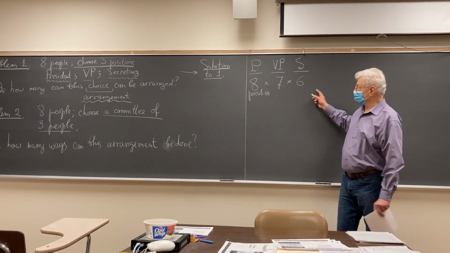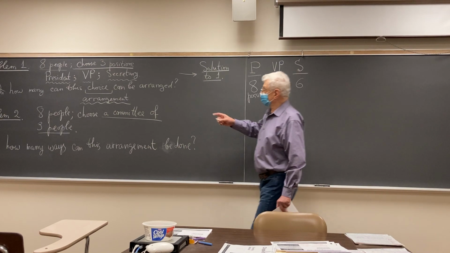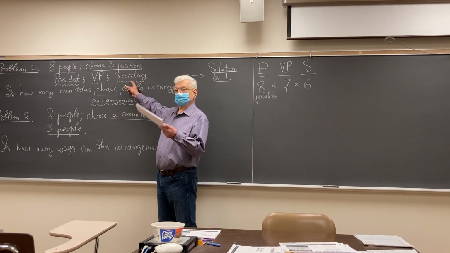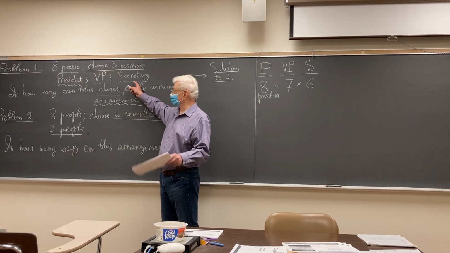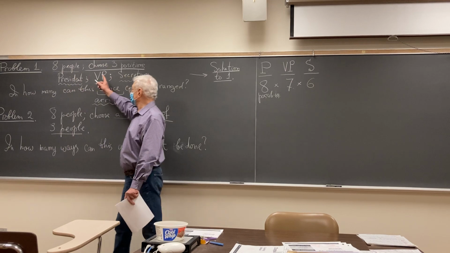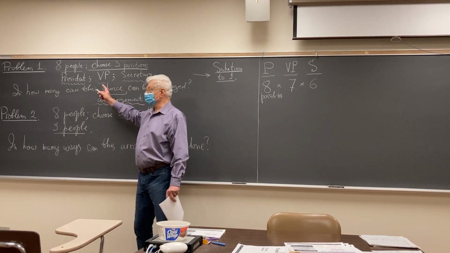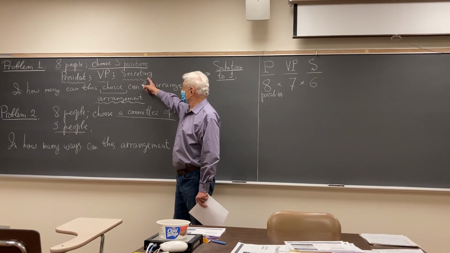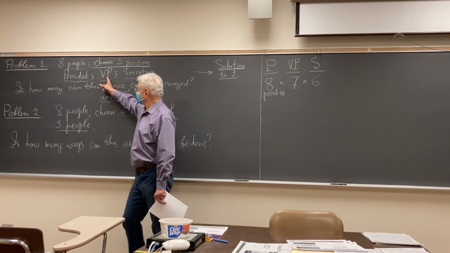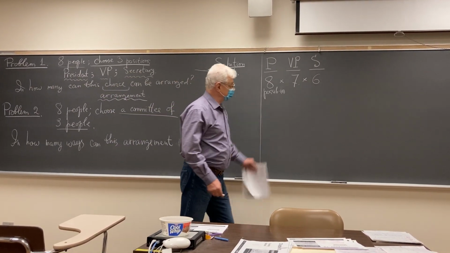Nevertheless, the final answer will be the same. Likewise, if you start with secretary, you have 8 possibilities, then 7 ways to choose president and 6 ways to choose vice president, or 8 ways for secretary, 7 for vice president, and 6 for president. Anyway, the product will be the same.